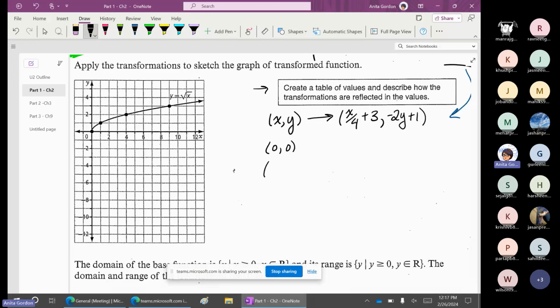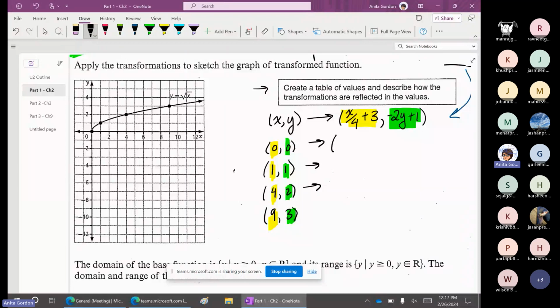You could do it in table of values form, but I find coordinate form a little bit more effective. (1, 1), (4, 2), (9, 3). What are they going to get mapped to? So all of the x's are getting put through this filter, and all of the y's get put through this filter.